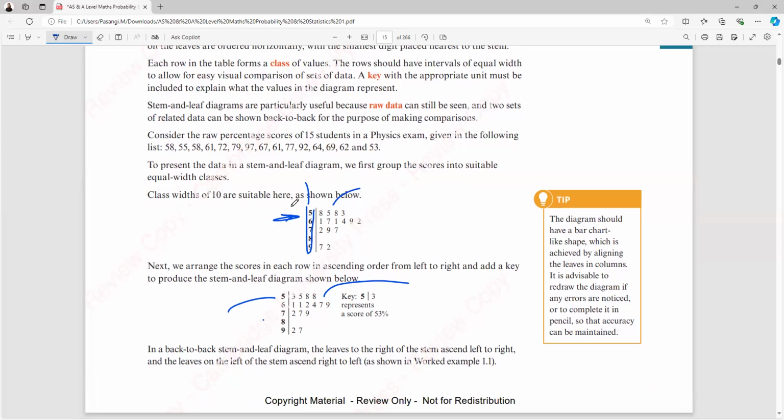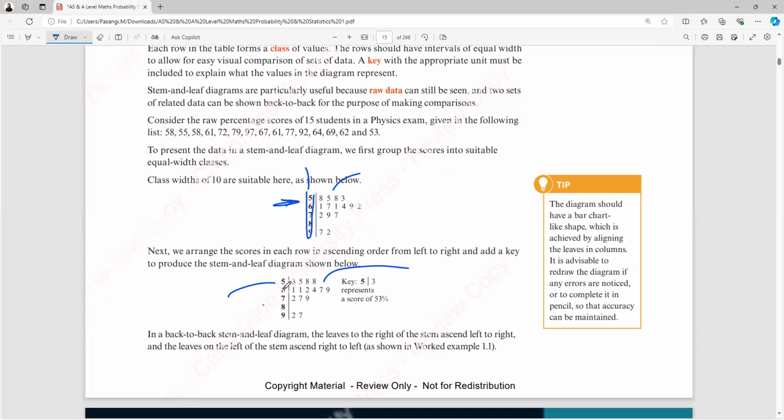First, we need to roughly separate the stem and the leaf values, and then we need to make it an ascending order, that means smallest to largest for the leaf values. So next we arrange the scores in each row in ascending order from left to right and add a key to produce the stem and leaf diagram shown below.